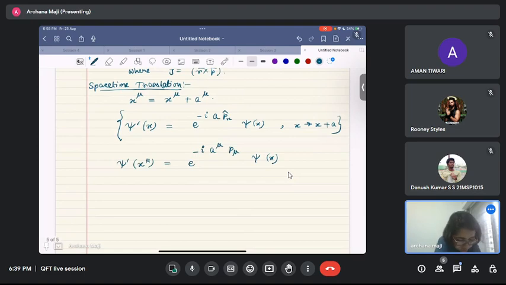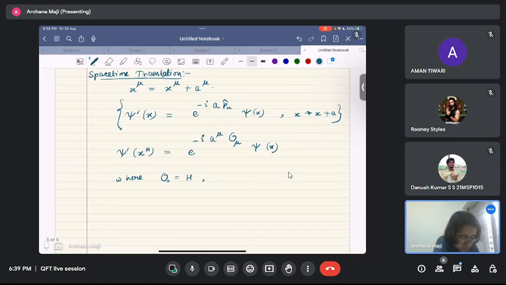Sorry, let me not call it p mu, but some other generator, call it O mu, where O0 is nothing but your Hamiltonian. You know the conserved charge corresponding to time translation is nothing but the Hamiltonian.